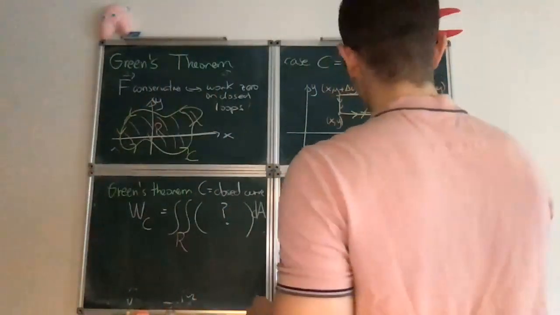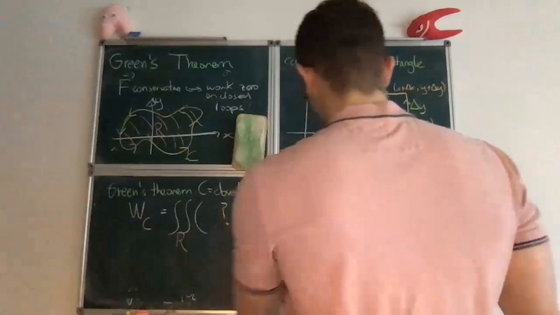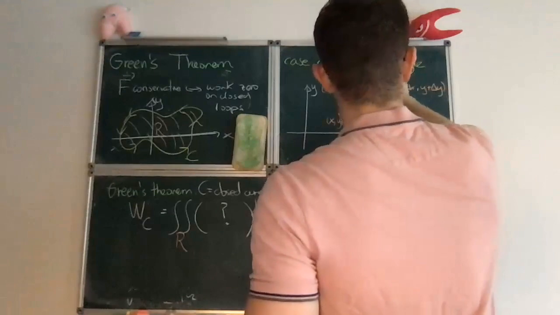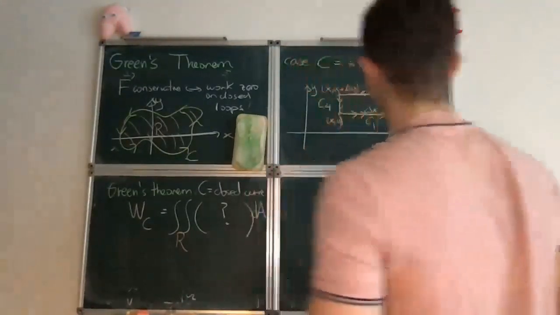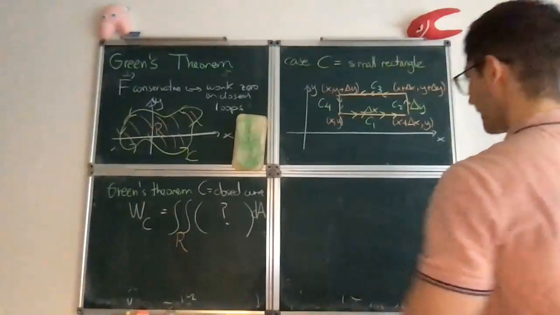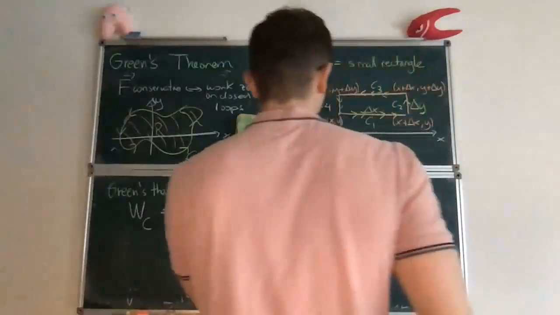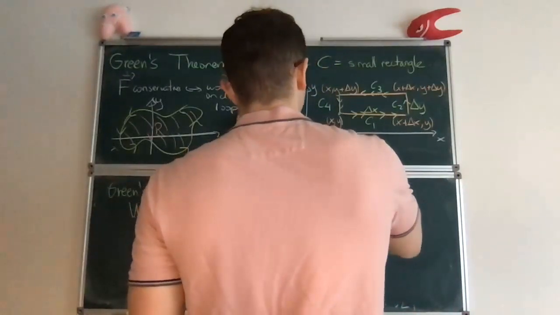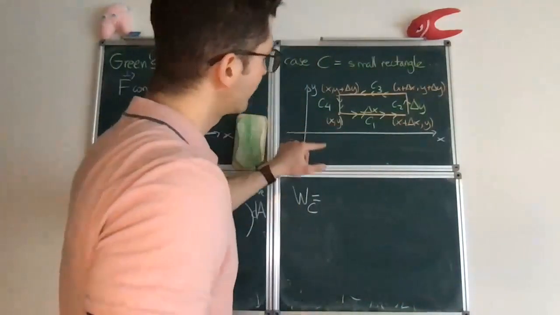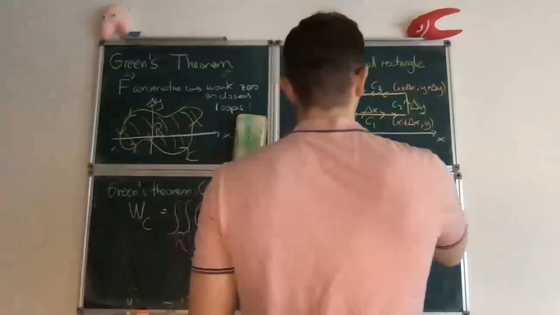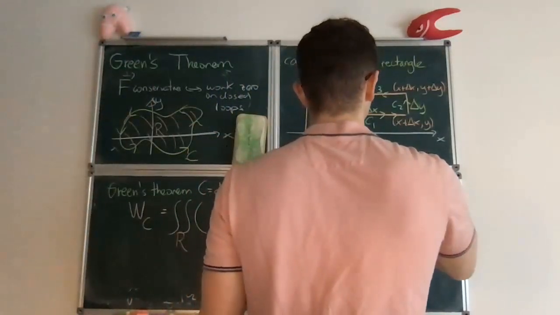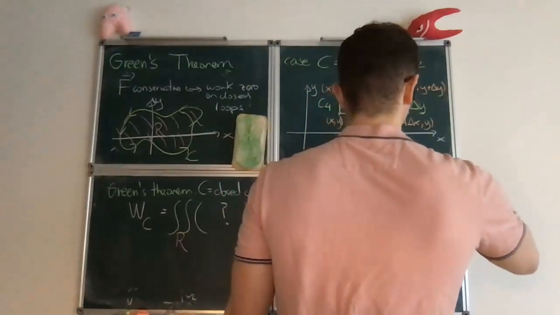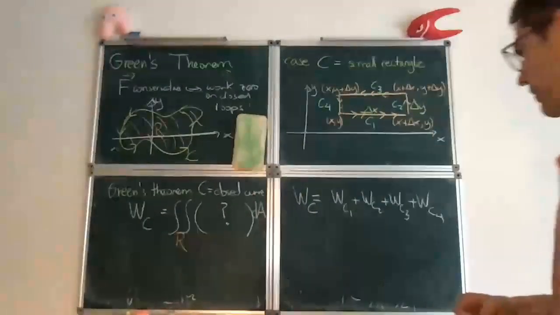The small rectangle is broken into 4 pieces. Call them C1, C2, C3, C4. The work is additive, so the work along the entire rectangle, which is C, is just the work along the first piece plus the work along the second piece plus the work along the third piece plus the work along the fourth piece.